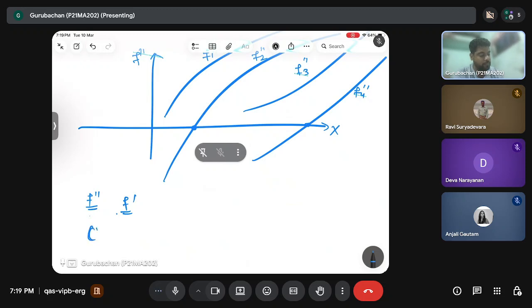Clearly, f dash derivative, that is f double dash, exists.